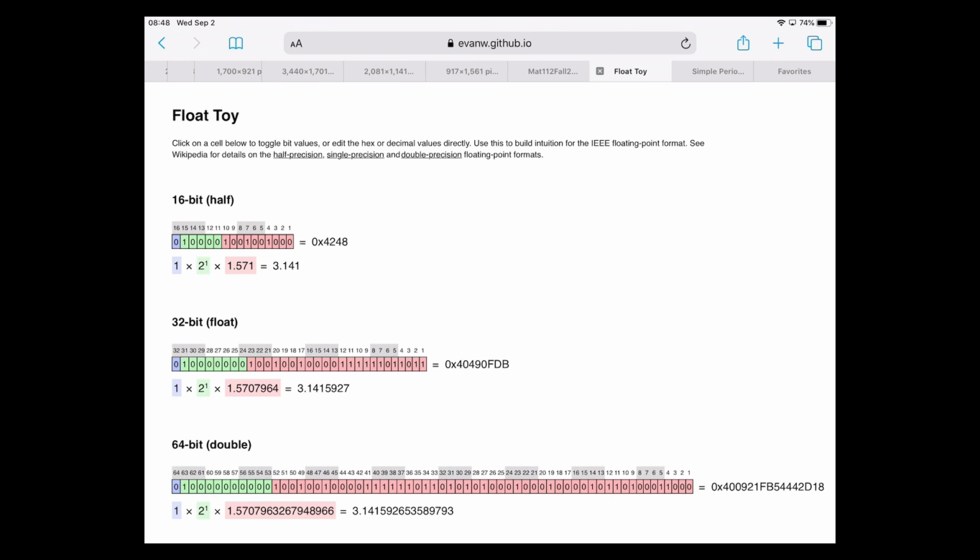What's the rough ratio between the number of bits for the exponent versus the number of bits for the mantissa? So in the 16-bit case, how many bits do we have for the exponent? There's just 5, okay? And we spent 1 on the sign bit, so that leaves 10 left over for the mantissa, right?